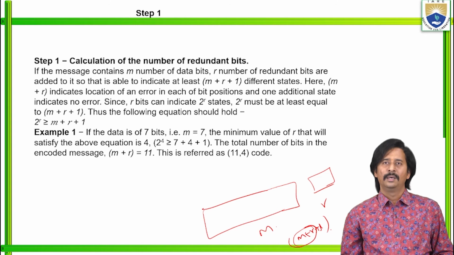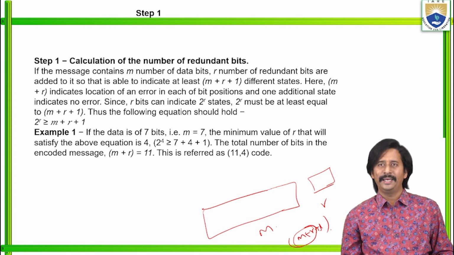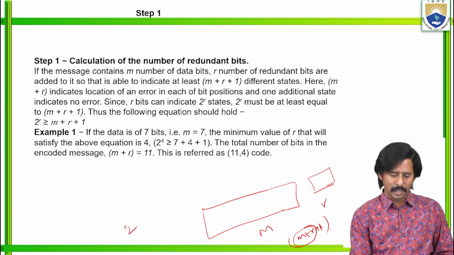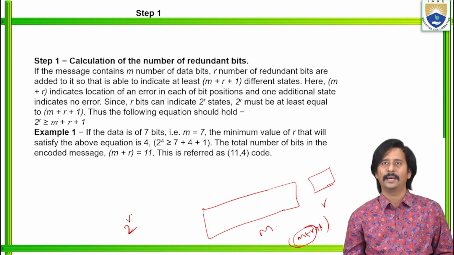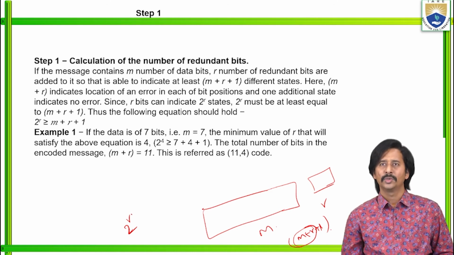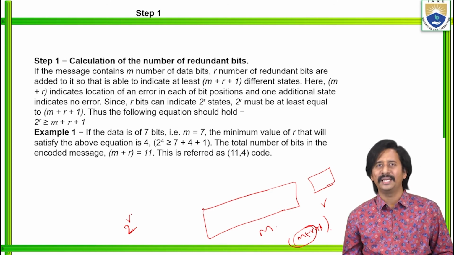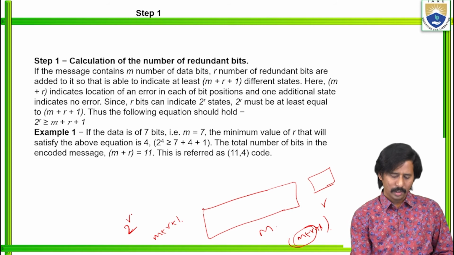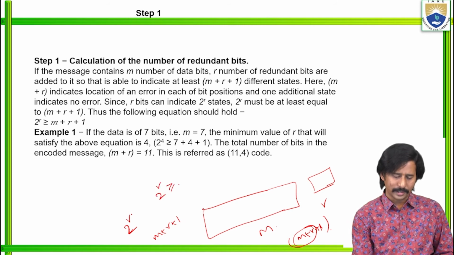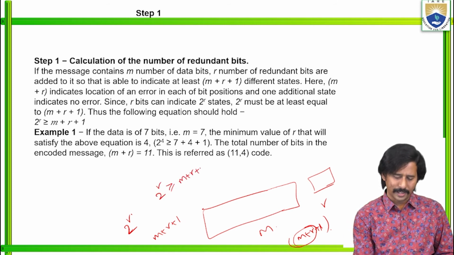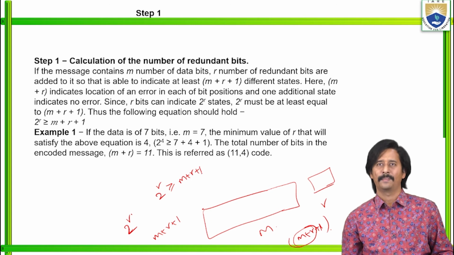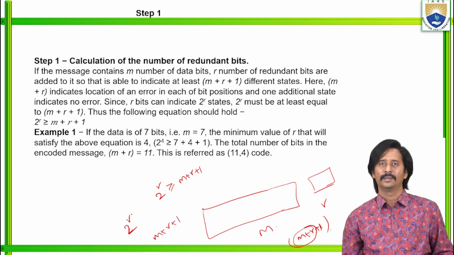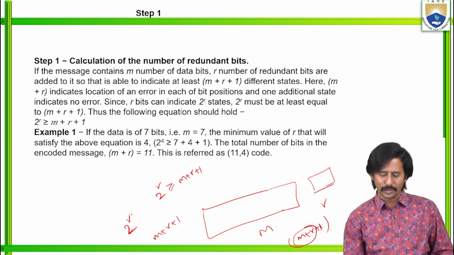So r bits can indicate 2 power r states. You know the basic formula. So 2 power r must be at least equal to m plus r plus 1. So 2 power r is greater than or equal to m plus r plus 1. Is it right? So let us take m equals 7.